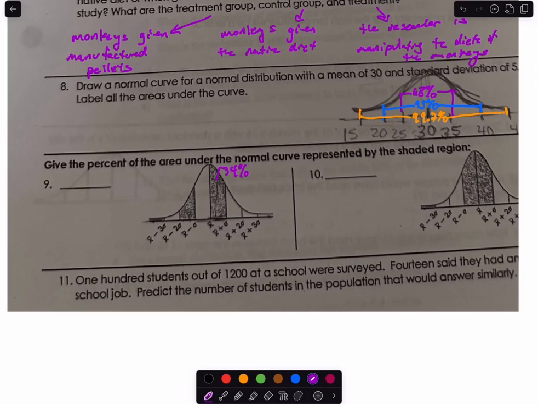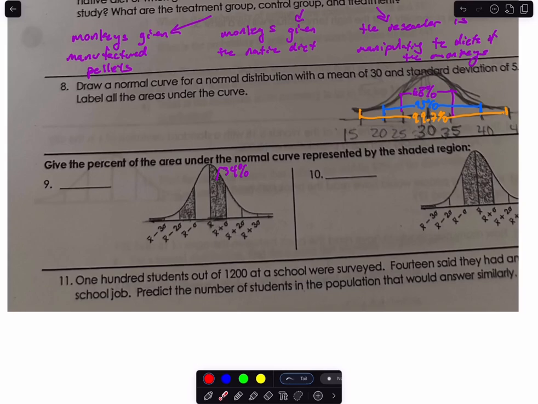Okay. And then 2 standard deviations from here to here will be 95%, right? So it looks like we need about a quarter. I don't know if that's necessarily a quarter.